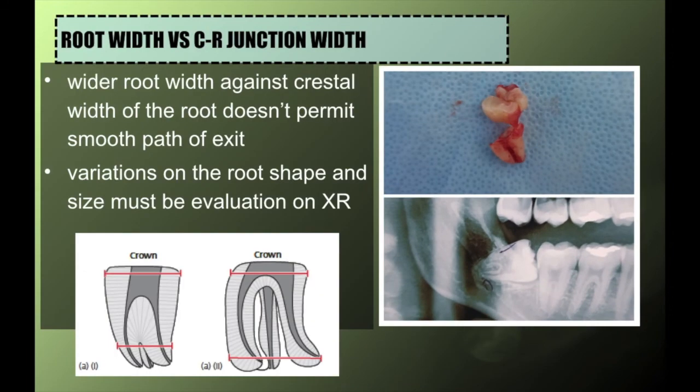The next indicator that clinicians commonly see but may take for granted is the roots of the impacted tooth. First point on that would be the ratio of the root width towards the apex and the crown root junction width. As it is shown in the diagram, when you have a smaller root width than the crown root junction width, then you have more slender root that could be easily delivered out.